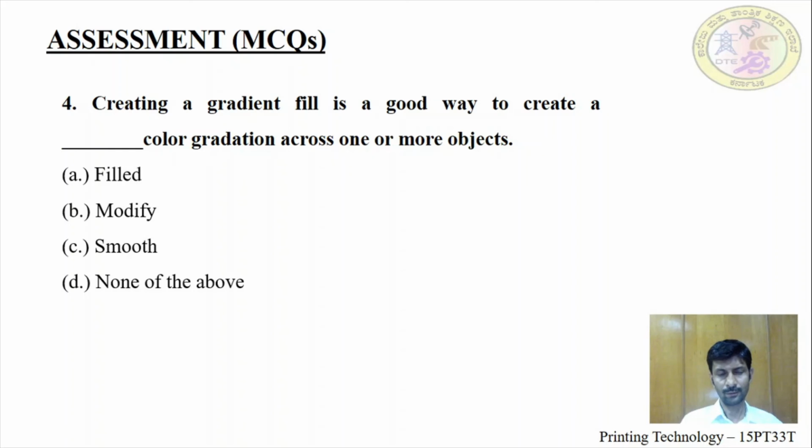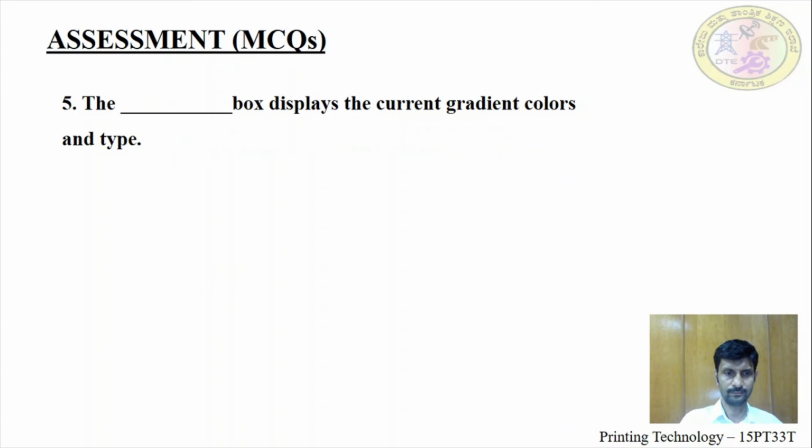Always, if you want a good effect, more number of blending or gradient should occur. So the clue for this answer is rainbow colors. How it will be visible when it is raining in the sky.